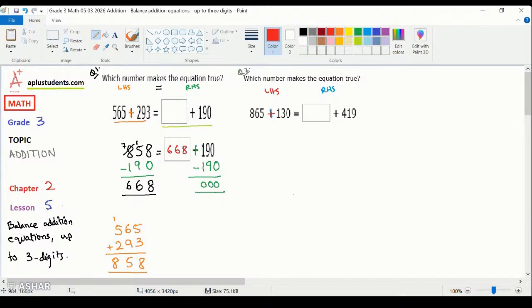So what is 865 plus 130? 5 plus 0 is 5. 6 plus 3 is 9. And 1 plus 8 is 9.